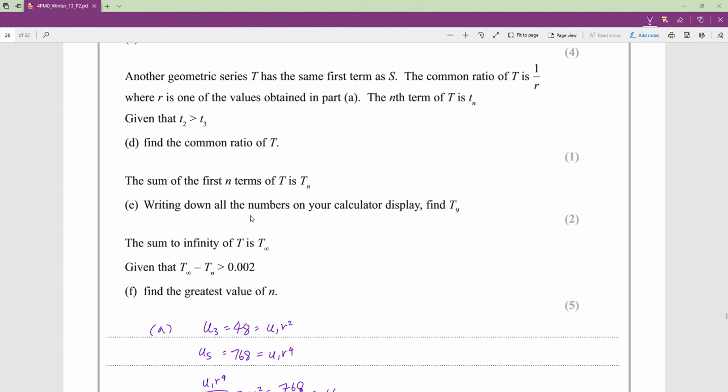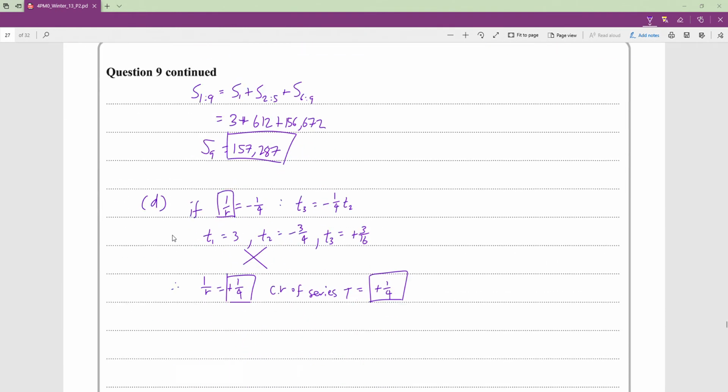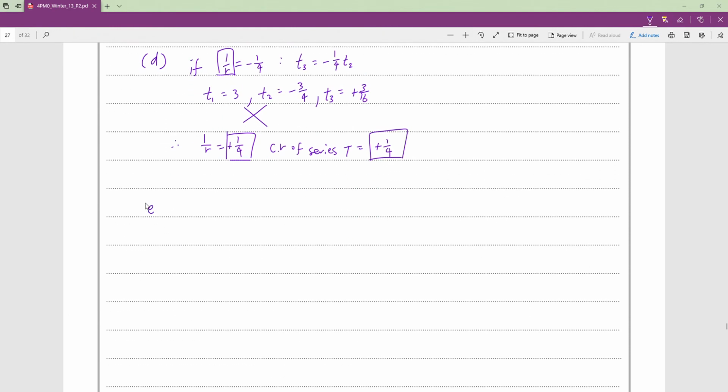Now what do we do here? The sum of the first n terms of T is Tn. Writing down all the numbers on your calculator display, find T9. Alright, so this is just simply using the formula that you learned for the finite sum of a geometric series.